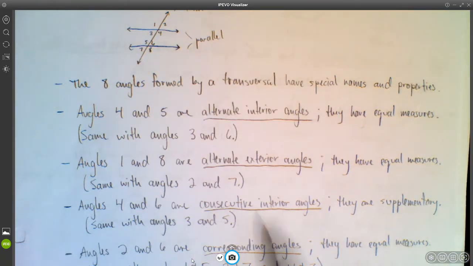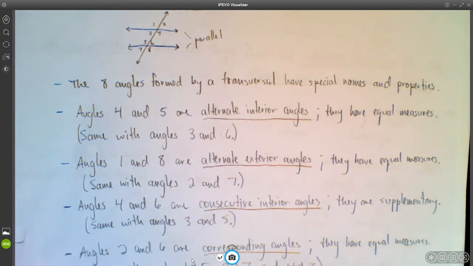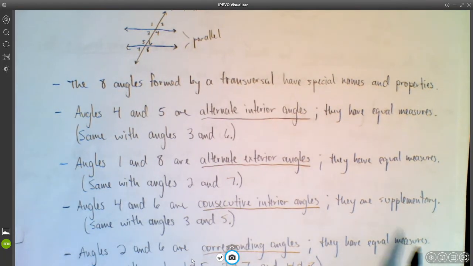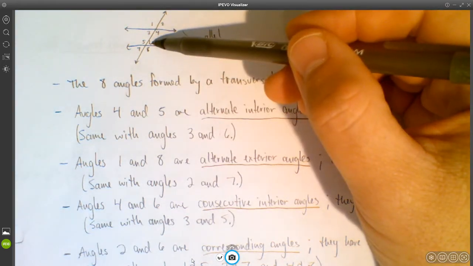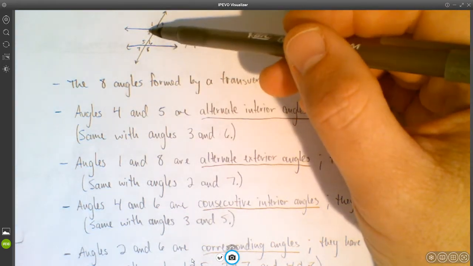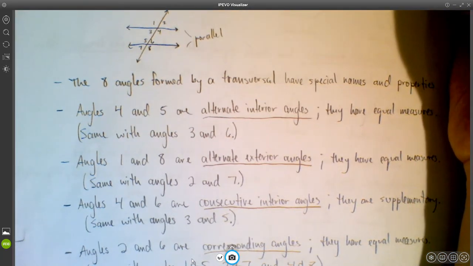Consecutive interior angles are supplementary. Referring back to the previous section, that means they add up to 180 degrees. So angle 4 plus angle 6 equals 180 degrees, and angle 3 plus angle 5 equals 180 degrees.